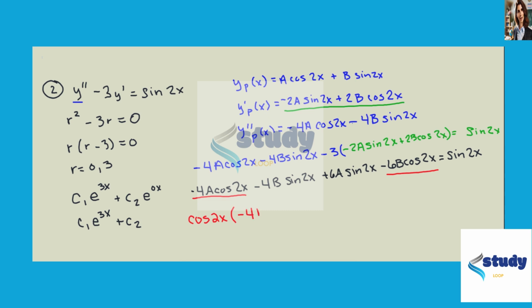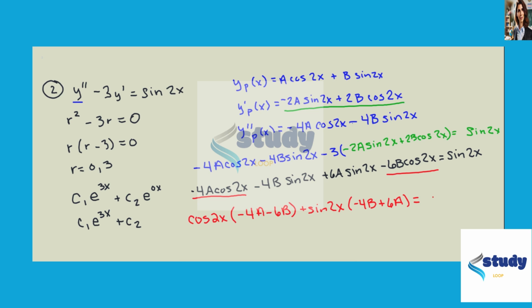And I'm going to pull out my sine of 2x, and that gives me negative 4b plus 6a equals sine of 2x.